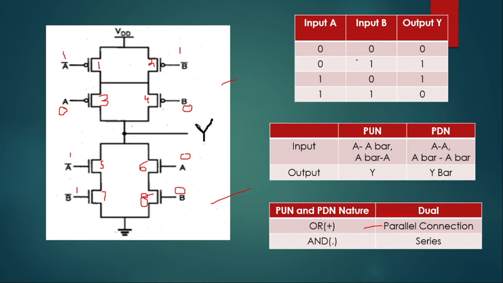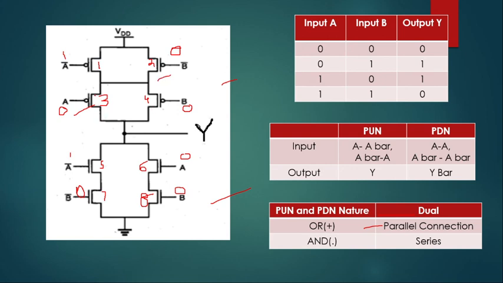Now input A is 0, B is 1, so that means A bar is 1 and B bar will become 0, so this network will not be on. But here A is 0, that means this is also off, so this network is also not good enough for us. Now A is 0, B is 1, so this will be 1 and this B bar will become 0, and A is 0, so this will be on and this will be on.